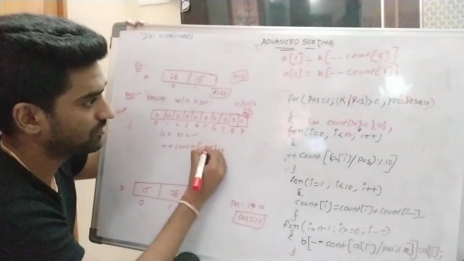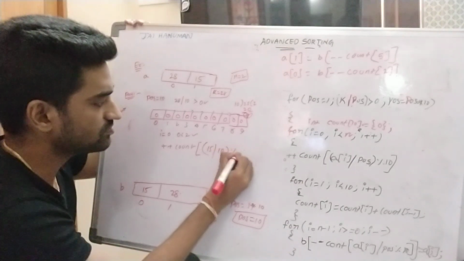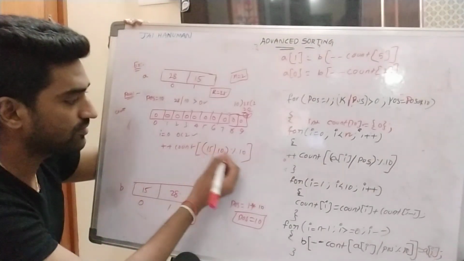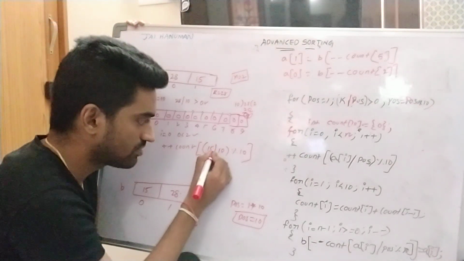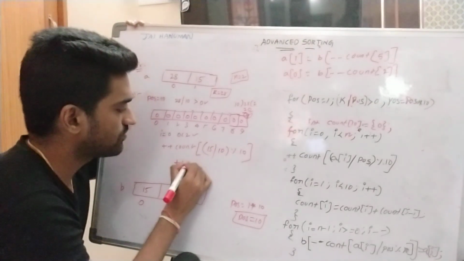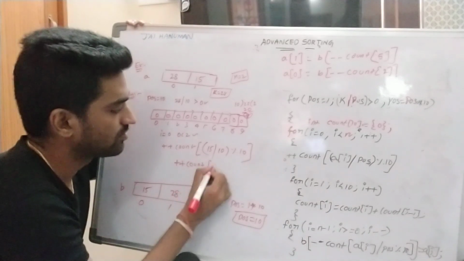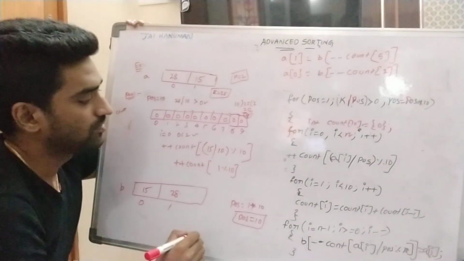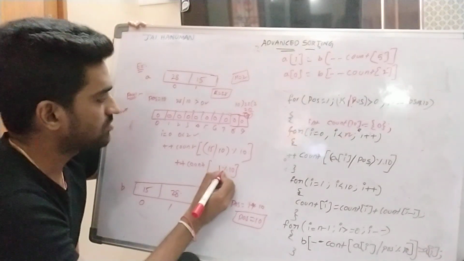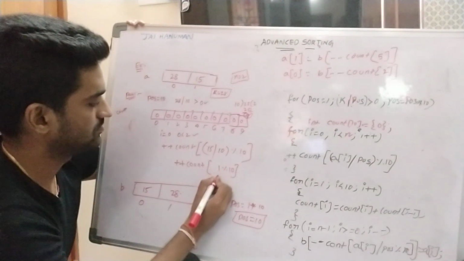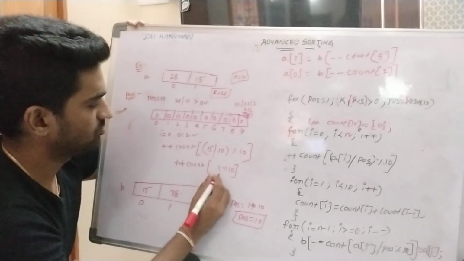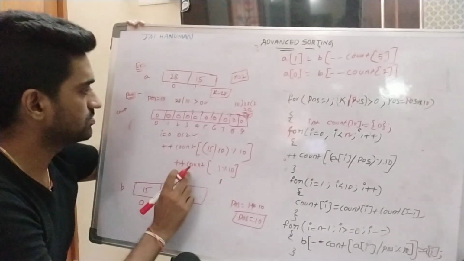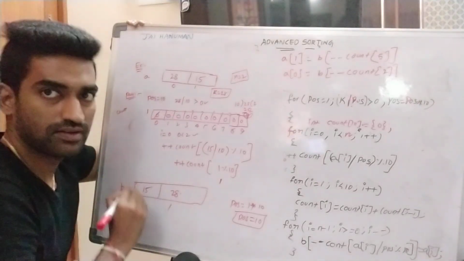So 15 by 10 modular division of 10: 10 ones are 10, the quotient is 1. So 1 modular division of 10 is 1. So go to index 1, incremented by 1.